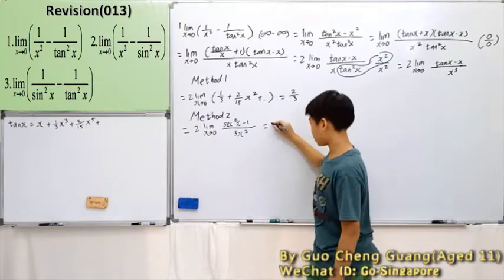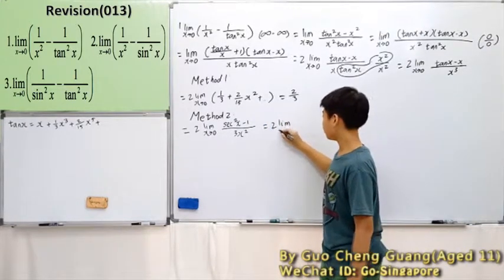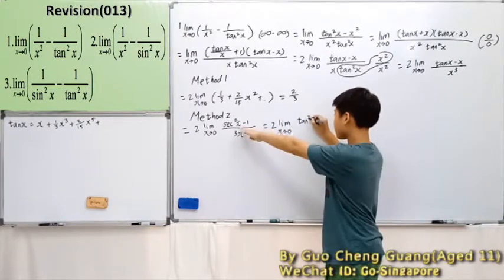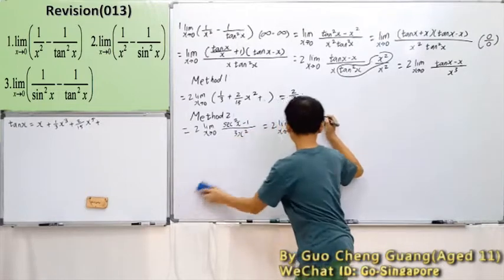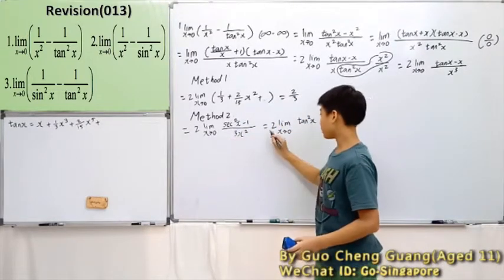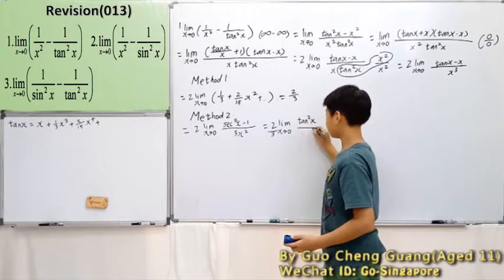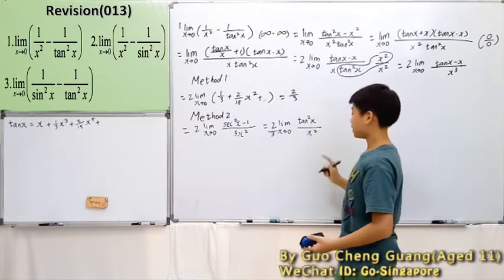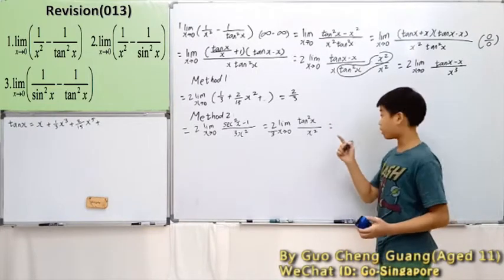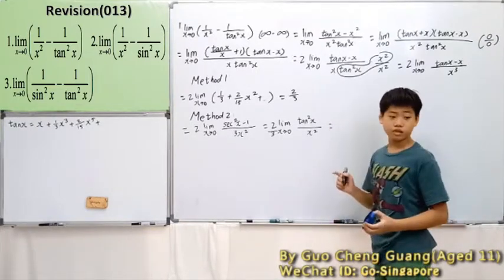Okay, let me just tell you. This numerator becomes tangent squared x. The 3, you can take it out, like this. Now tangent squared x, change it into sine squared x over cosine squared x.